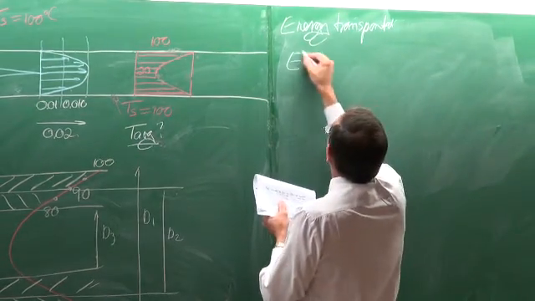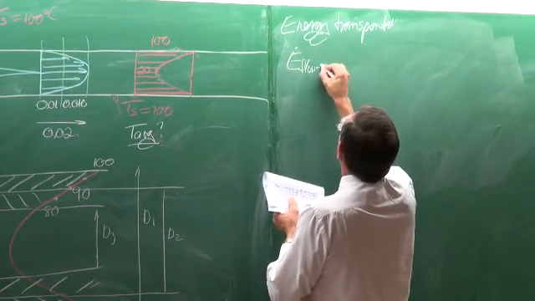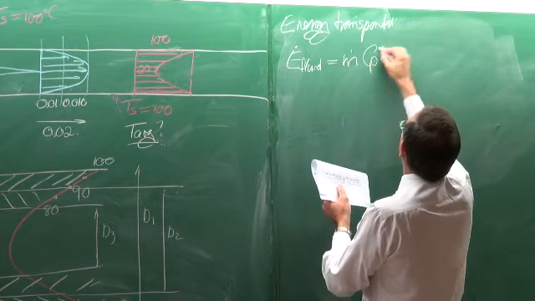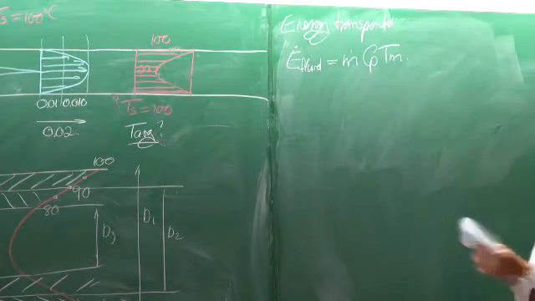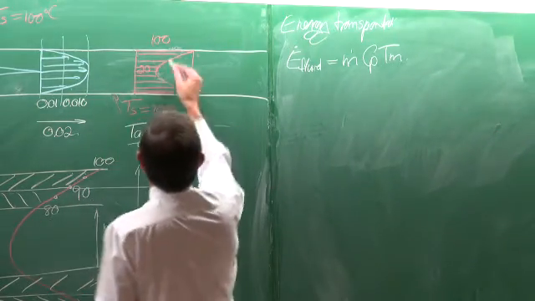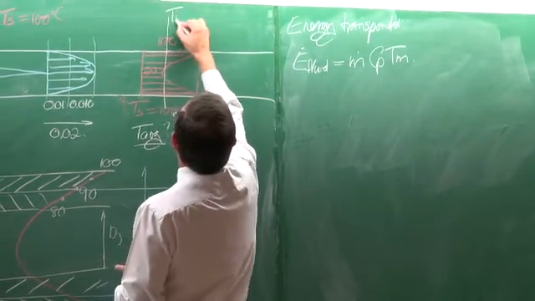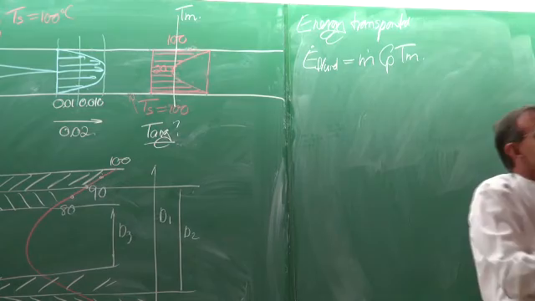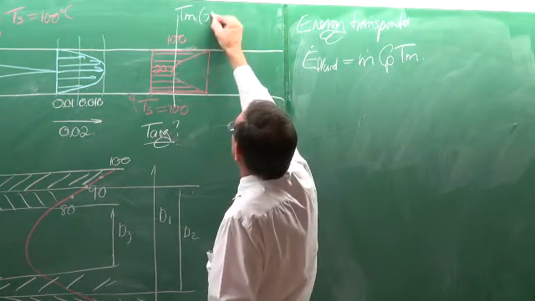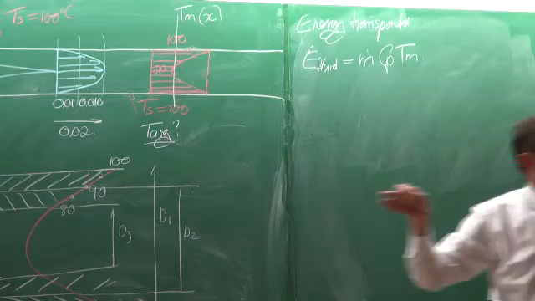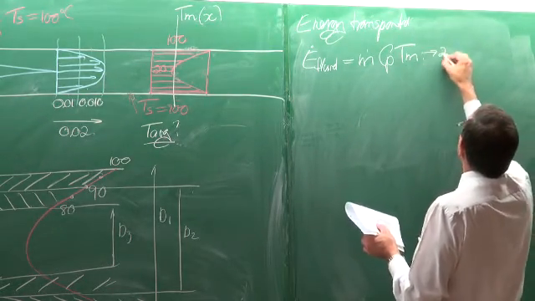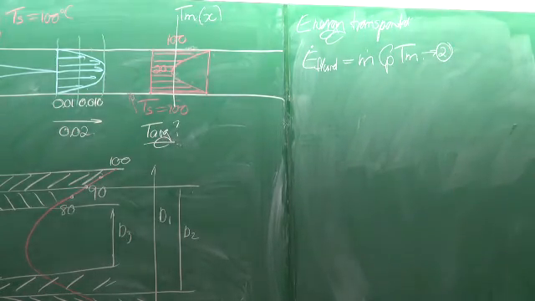So it starts with the energy going into the fluid, which is equal to mass flow rate, Cp, multiplied by Tm. And Tm will be the average, at any specific point, the mean temperature. Okay, so Tm is a function of x, but is the average temperature at a specific point. Okay, that is going to be equation 2. We're going to use it later.